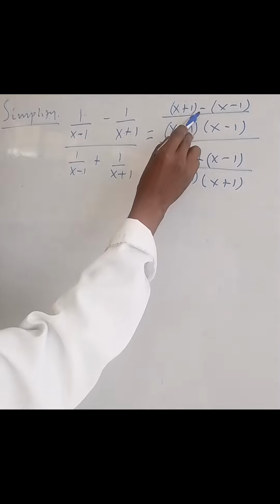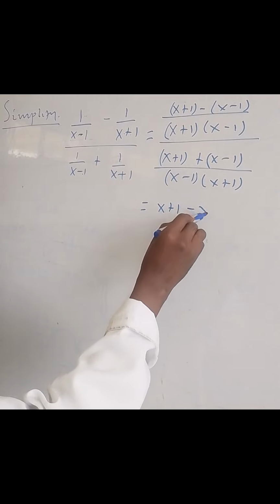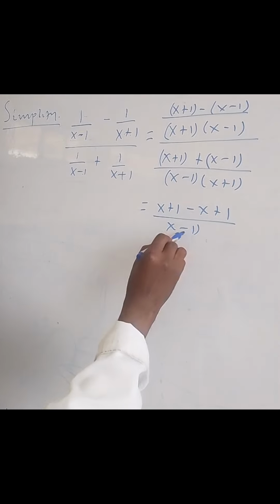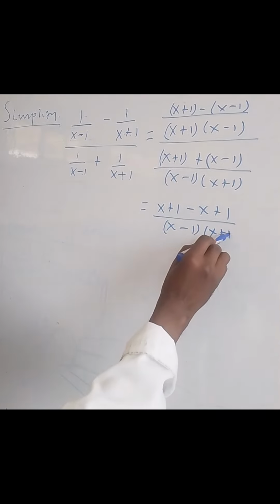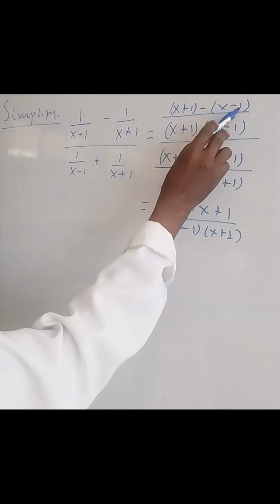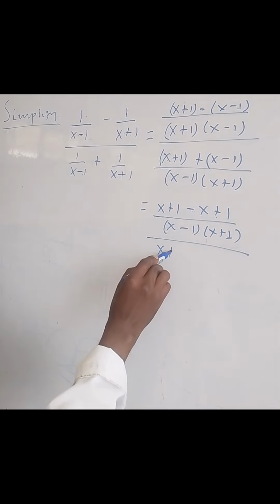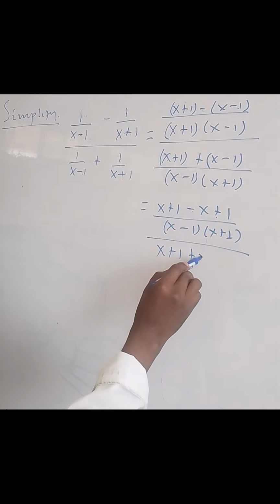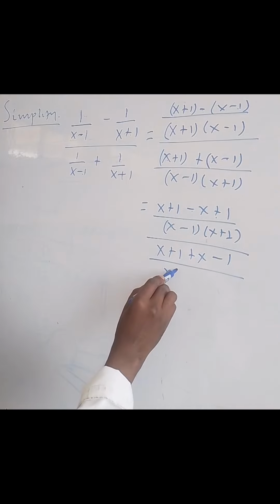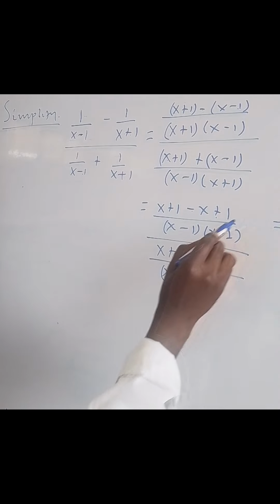Now we take x plus 1 and distribute the minus into x minus 1, then we obtain x plus 1 minus x plus 1, because minus times x is minus x, and minus times minus is plus. So x plus 1 plus x minus 1 divided by x minus 1 into x plus 1.